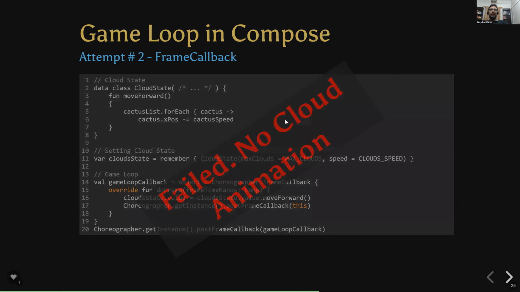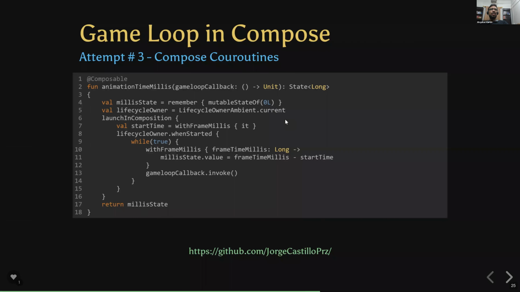Then I started with another one, mostly from George Costello and Alex. They were creating these cool animations, so I wanted to see how they managed to pull it together. I found this method, animation time millis. This uses coroutines inside the compose scope. We have this state variable, millis state, which is supposed to be updating on every iteration, on every frame.